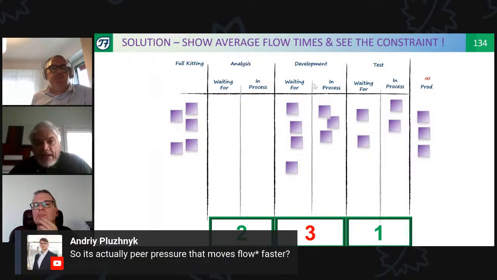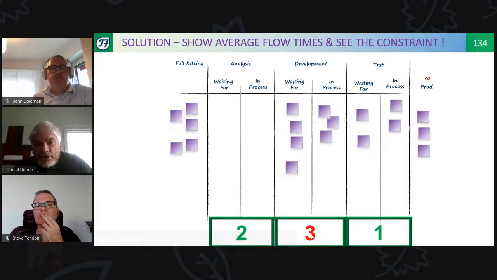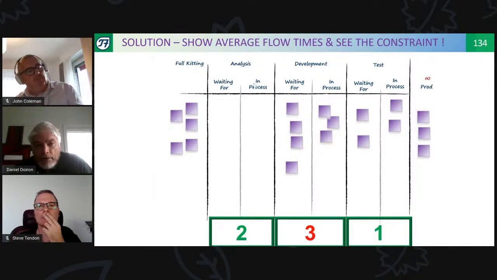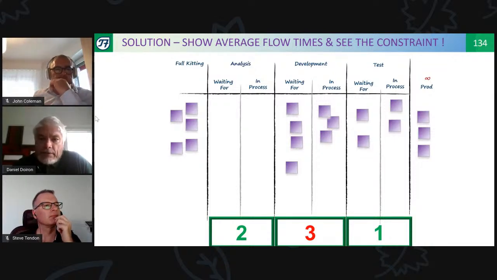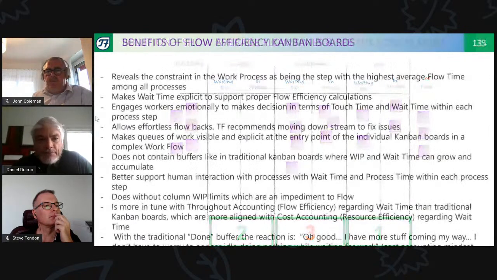You can see easily that development has an average flow time of 3 days for everything that goes into development, analysis an average of 2 days, and test 1 day. So this is really what you're aiming for when you want to manage special cause and find the constraint in the work process.